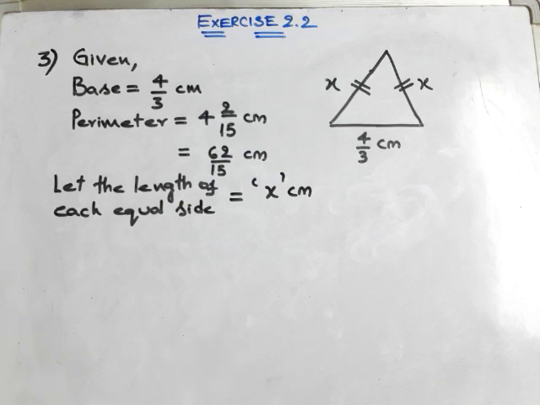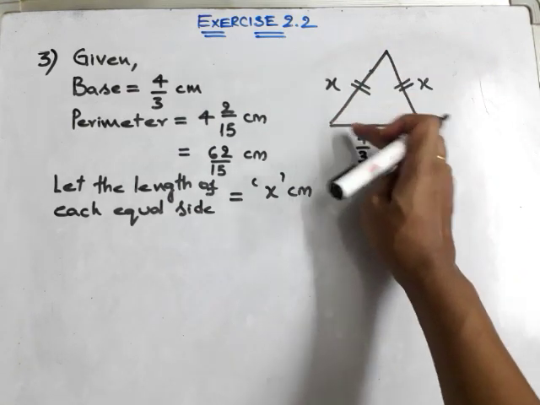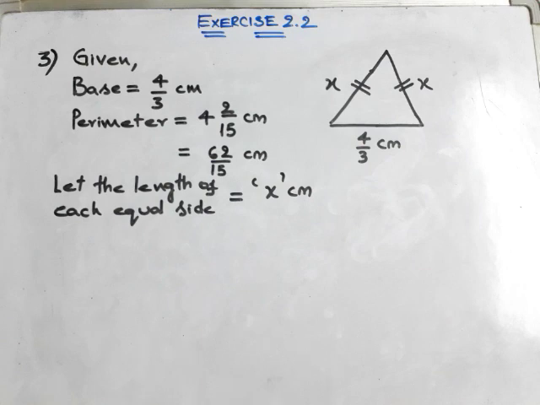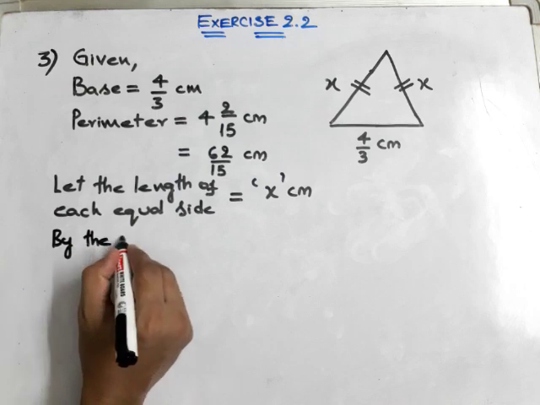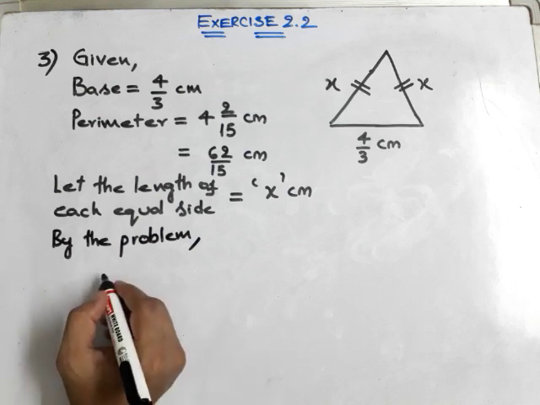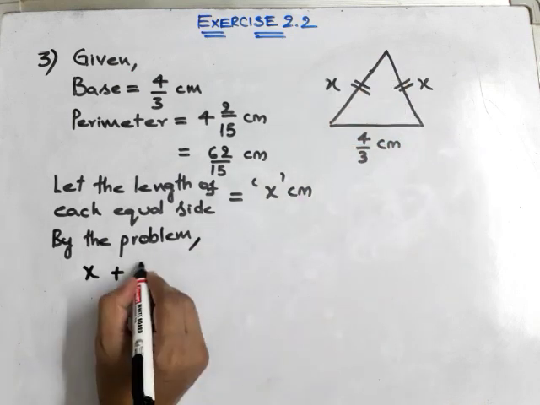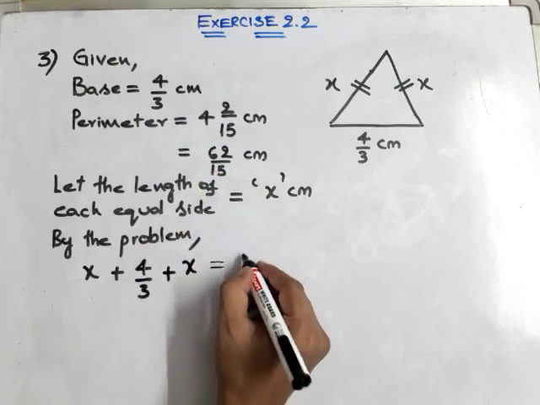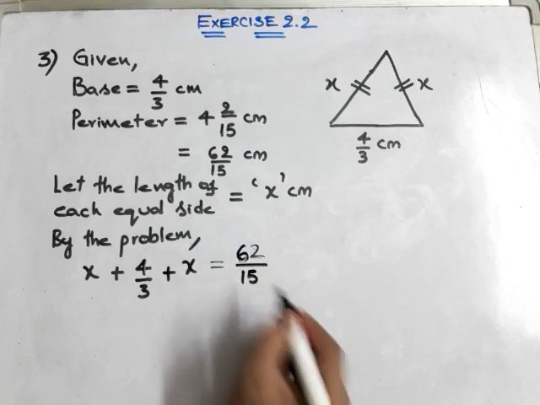Now, what is the perimeter of the triangle? As you know, the sum of all three sides, that means 4/3 centimeters, x and the other x, will give us the perimeter. Now by the problem, the perimeter means x plus 4/3 plus x is equal to 62/15, because the value of the perimeter given is 62/15.